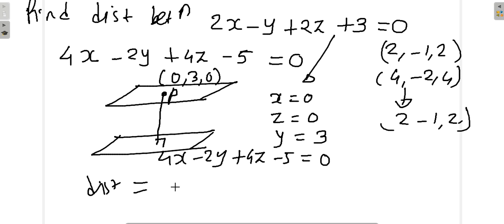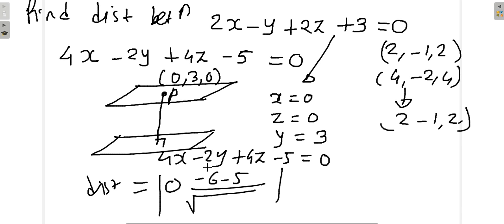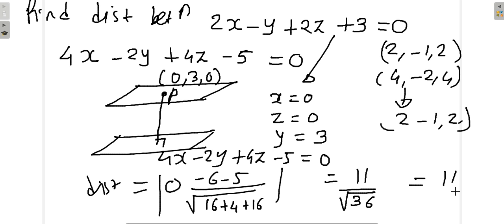ax1, which is 0, by1, which is -6, cz1 is again 0, plus d, upon under root of a square plus b square plus c square. So the answer is 11 upon root 36, and that is 11 upon 6.